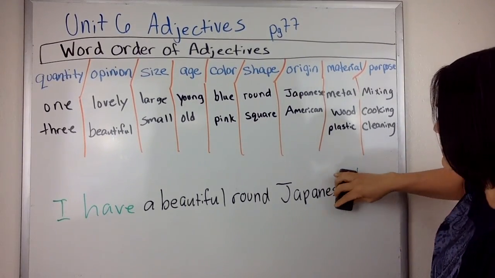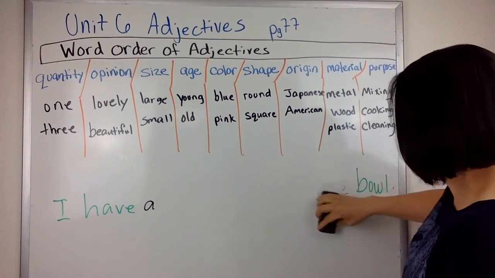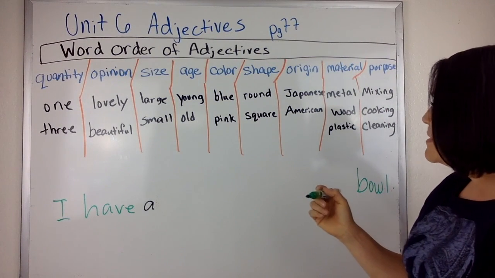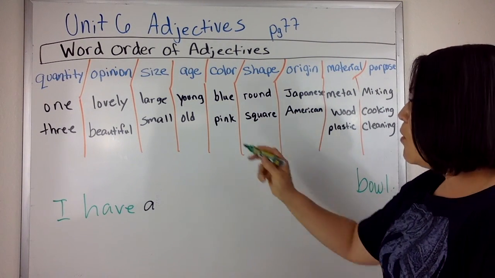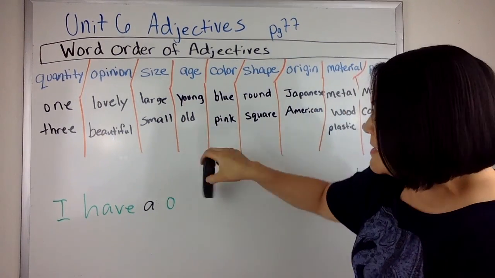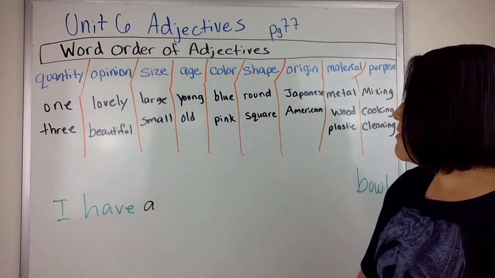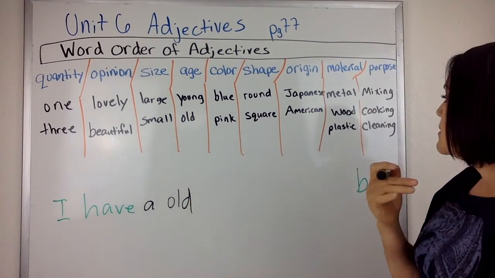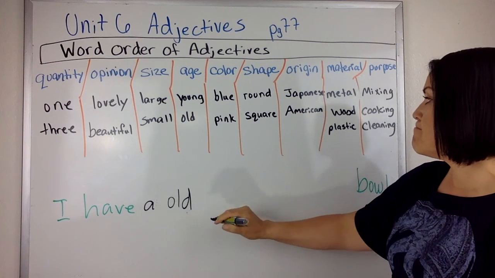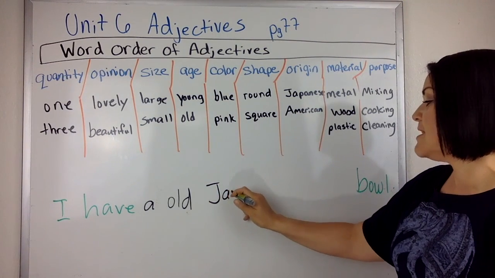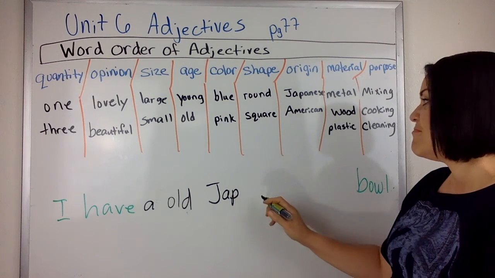So let's say I want to say I have a old. I guess I'll just use black so it's not too confusing. I have an old, let me see. I'll just say Japanese again because they have pretty bowls.